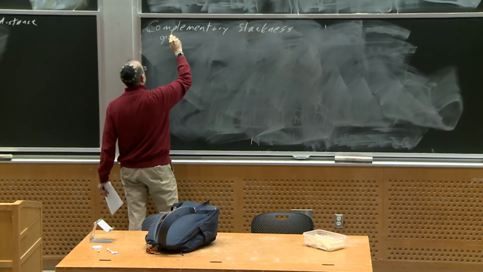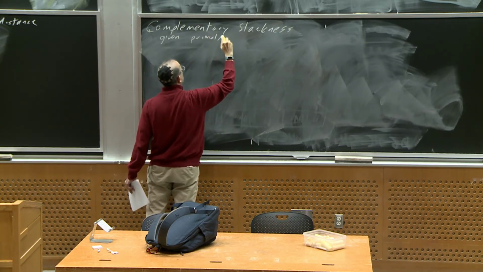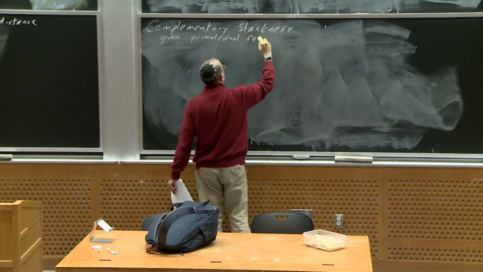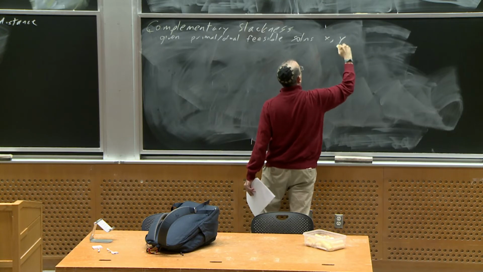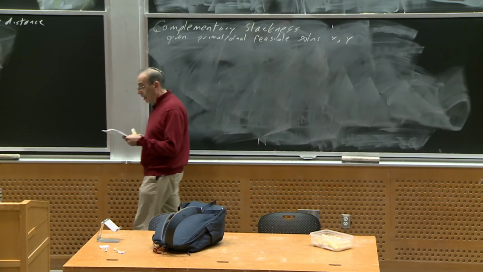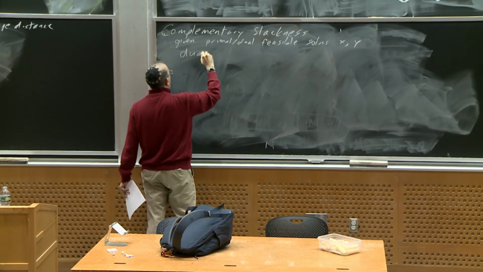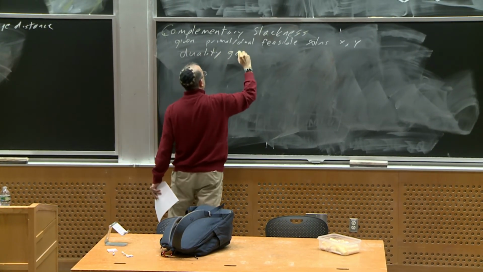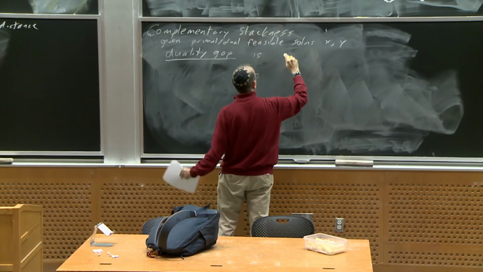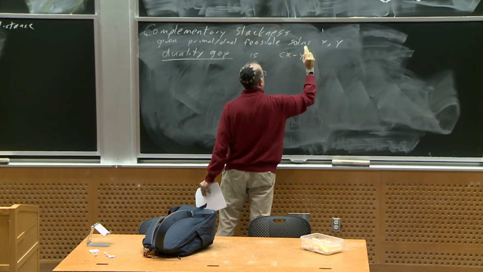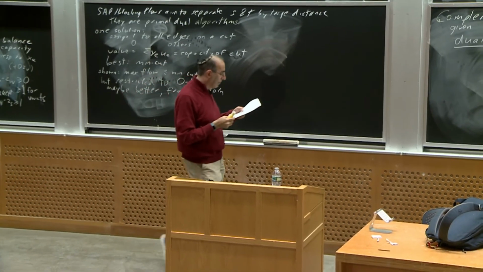So, given primal and dual feasible solutions x and y for a linear program and its dual, we are going to define what's called the duality gap to be the difference between the objectives.